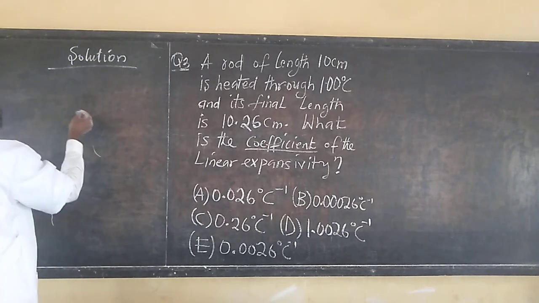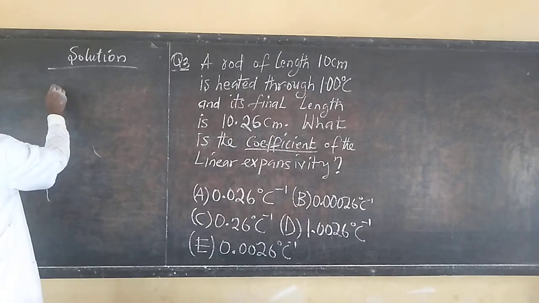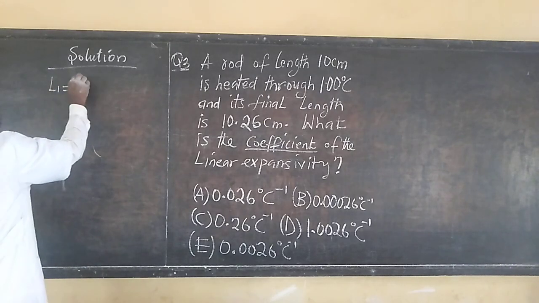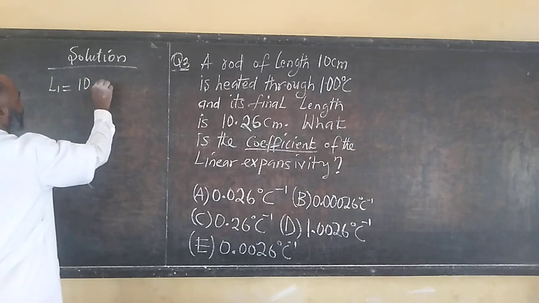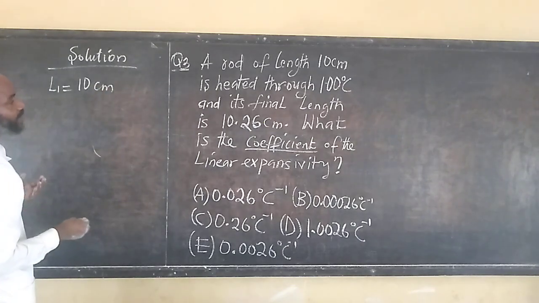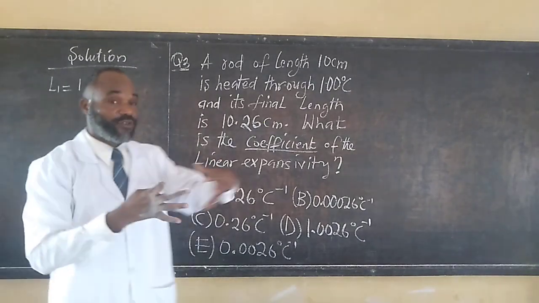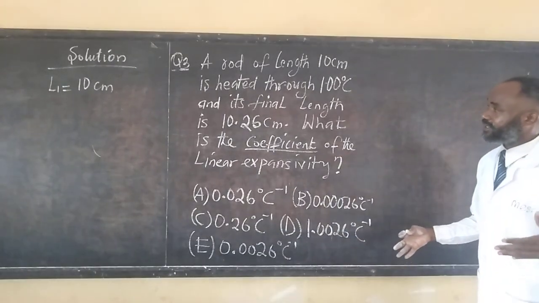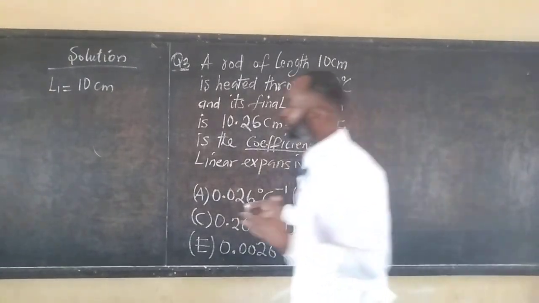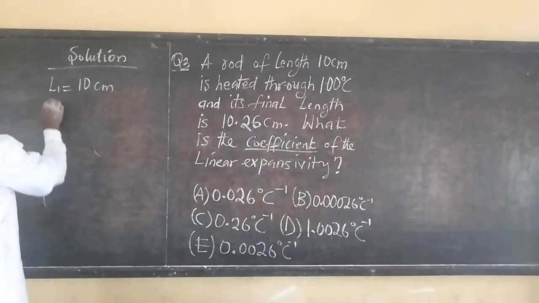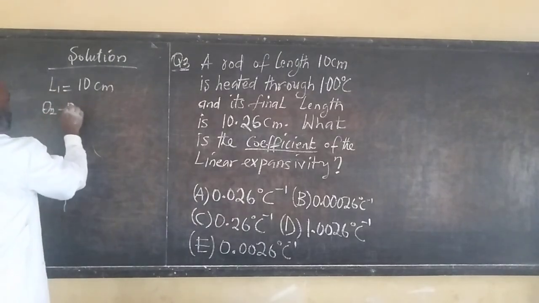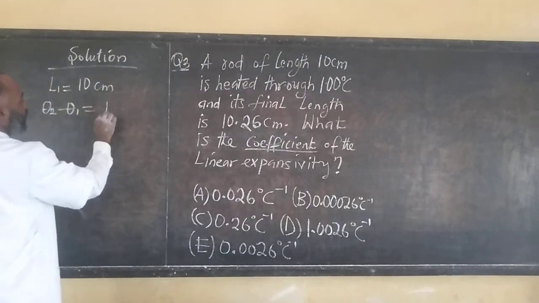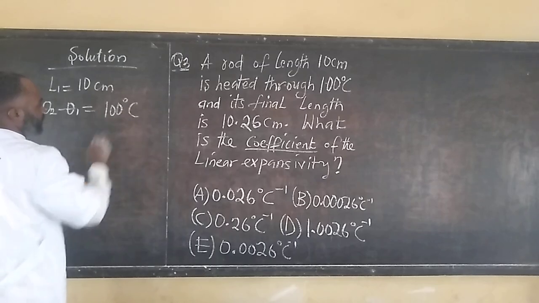So I know that the initial length is L1 equal to 10 cm, is heated through, that's change, heated through 100 degrees centigrade, right? That is the change in temperature. Theta 2 minus theta 1 has been given as 100 degrees Celsius.